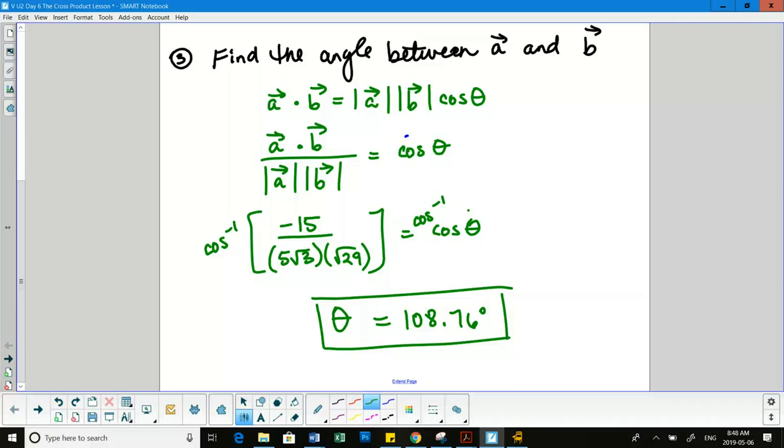If I knew that the dot product was correct, I could maybe do negative 15 divided by the cos of 108 and see if it's equal to the magnitudes multiplied. Like you can check a left side, right side type thing there. Okay, just to make sure. All right, any questions on those 3 questions? We're okay? Okay.